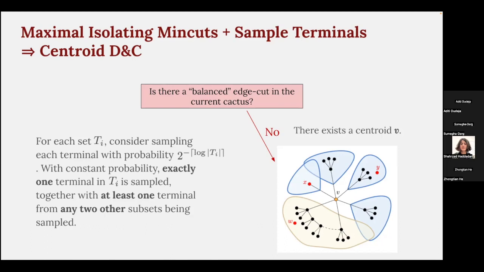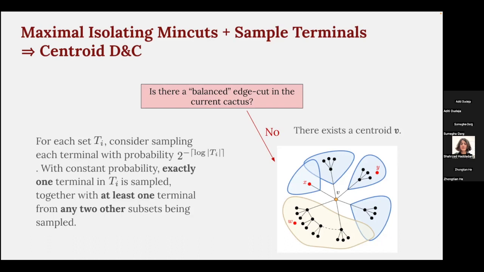It's a weird thing, but as the figure shows, when you compute the maximal isolated min cut for W, it will recover this, because at least one terminal from two other sets got sampled, so you cannot cut anything beyond the centroid.